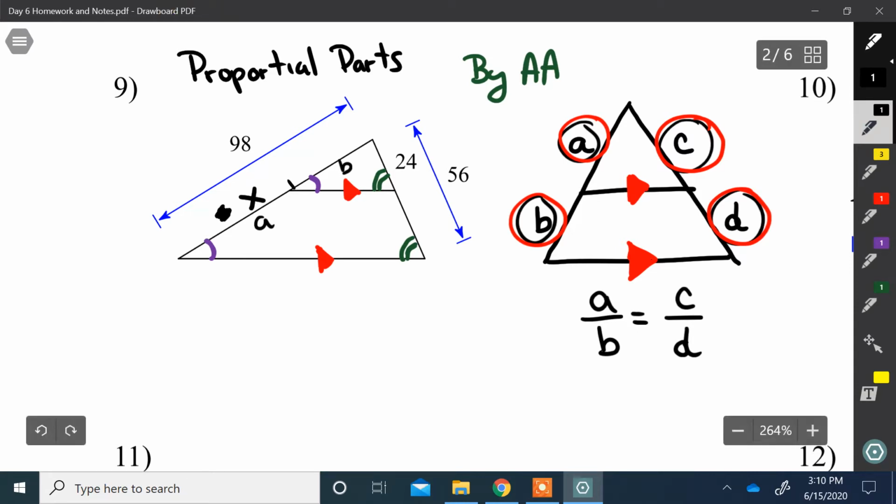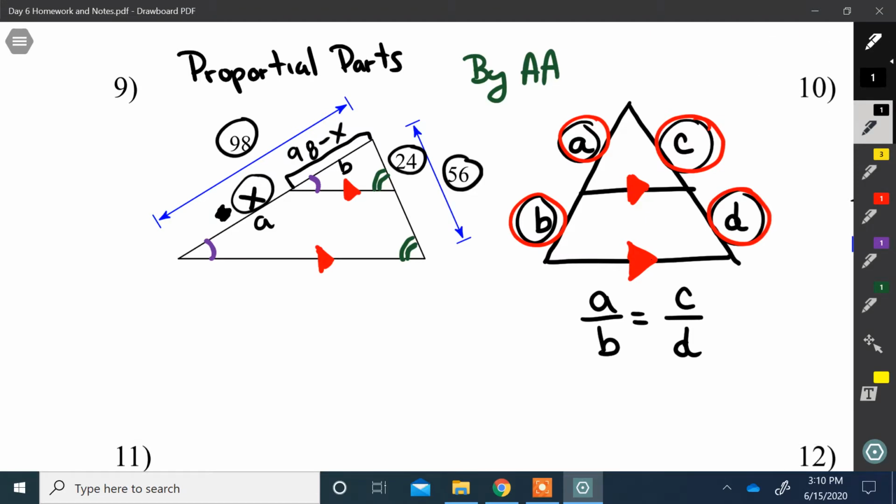This portion right here, if the whole thing from here to there is 98, as you can see, and this is X, then this portion right here should be 98 minus X. And if this whole thing is 56 and this is 24, then I'm going to subtract 56 minus 24, and that should give you 32.